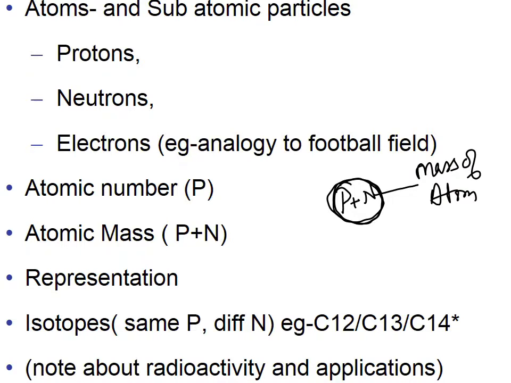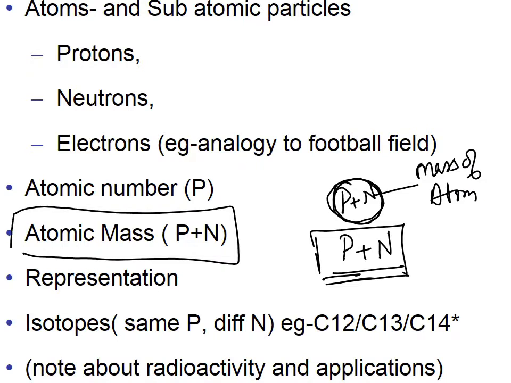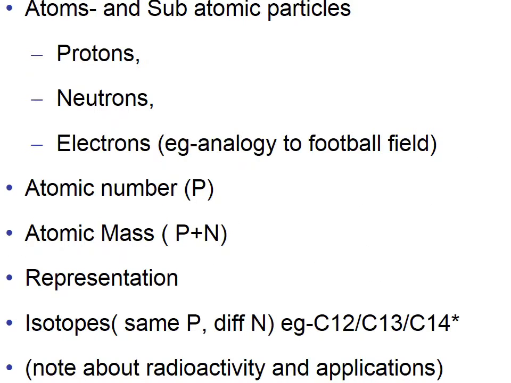So atomic mass is the number of protons plus the number of neutrons, because the electrons do not contribute any weight to that atom.